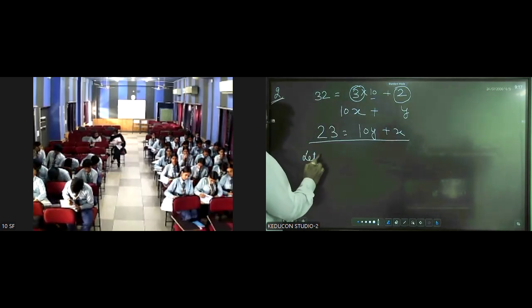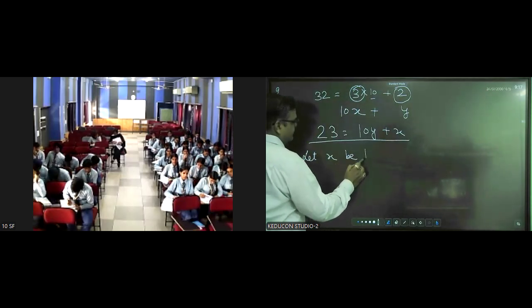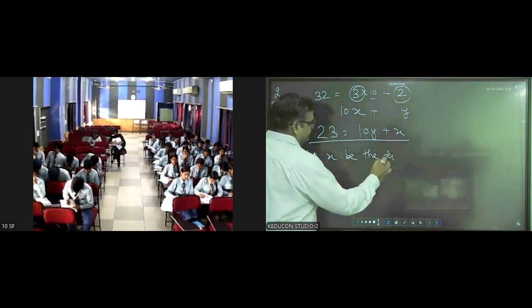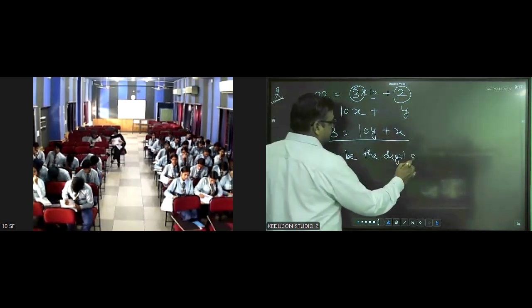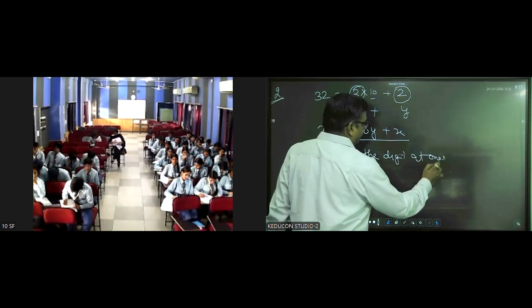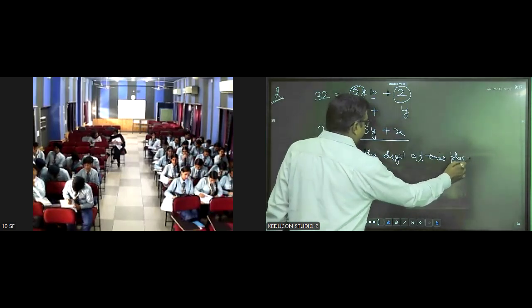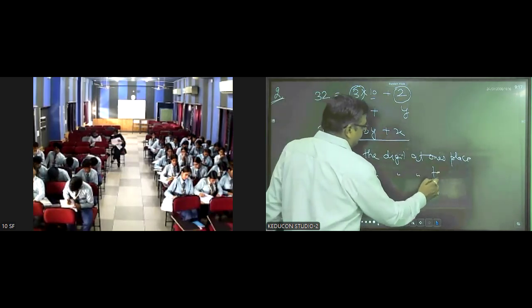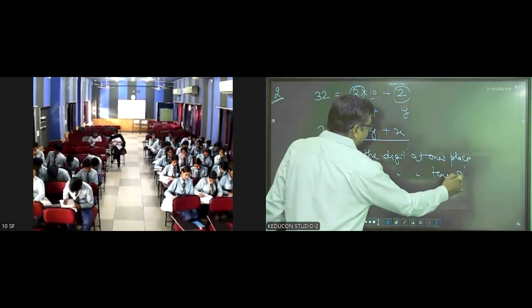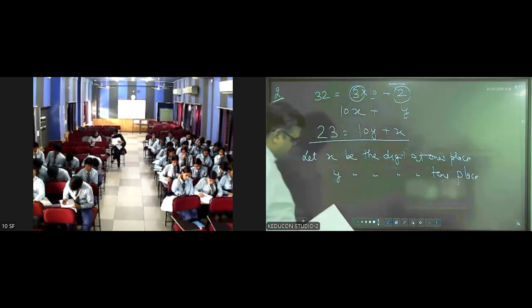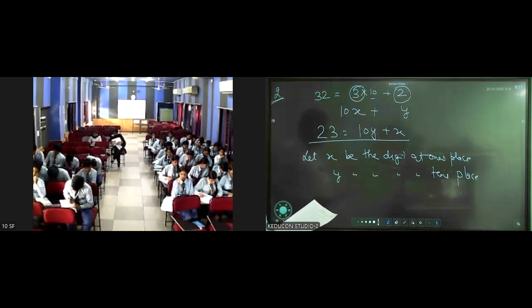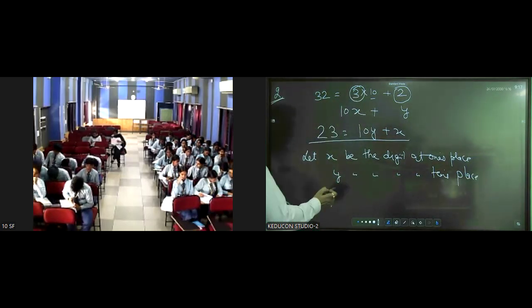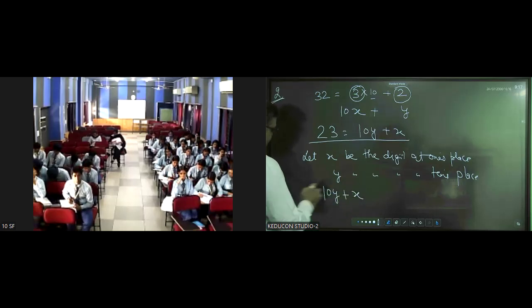Let x be the digit at ones place and y be the digit at tens place, right? Now what will be the actual number, students? The original number will be this. This is your original number.